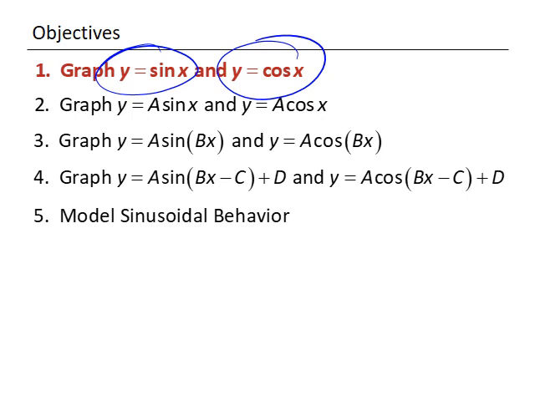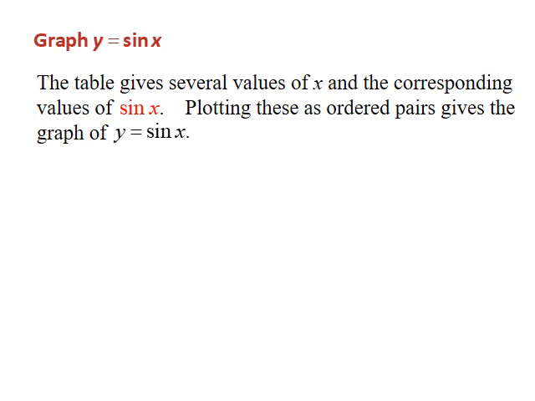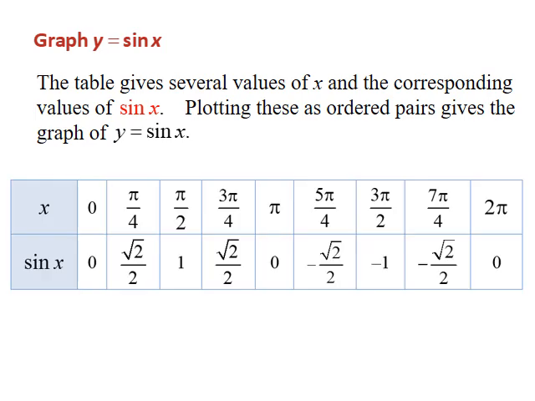Then what we're going to do is manipulate them in different ways and see how they behave. So let's start with sine of x. If I were to graph y equals sine of x, here I've provided a chart which includes values found on our unit circle.